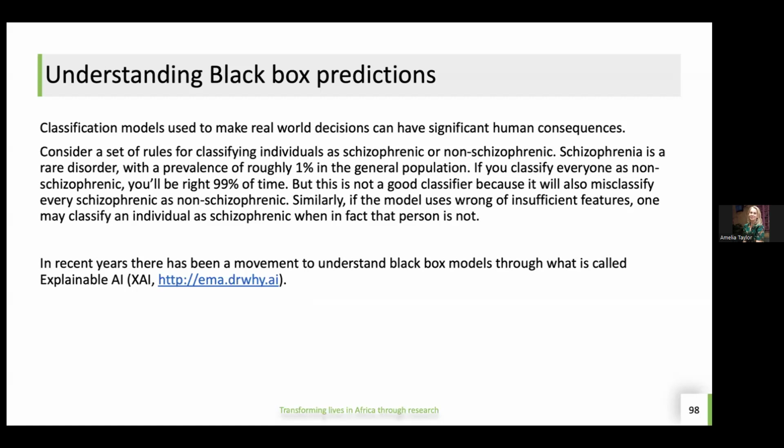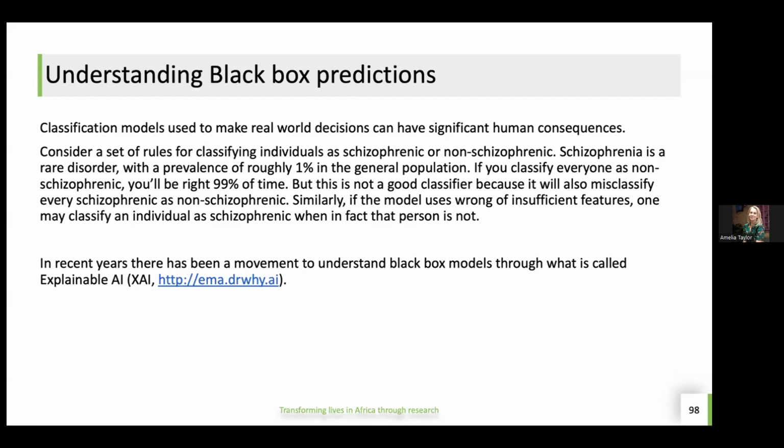And the same for support vector machines. We have all these support vector models, but how do each of them relate to the data that we are trying to predict? So we say that these are black box predictions.